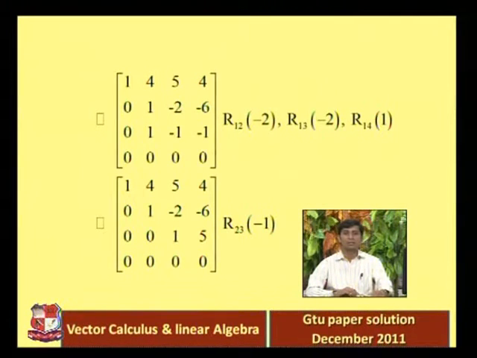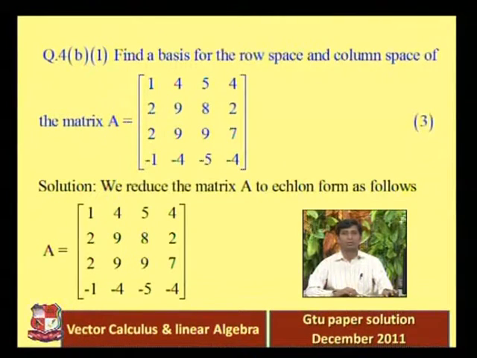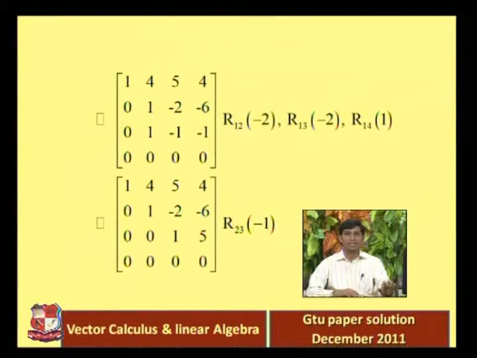So here is the third row, 0 1 -1 -1. Then we multiply the first row with 1 and add into the fourth row. You can see the first row and the fourth row are the same, the only difference is the sign. The first row is 1 4 5 4 and the fourth row is -1 -4 -5 -4. So when you multiply the first row with 1 and add into the fourth row, it becomes a zero row, right?